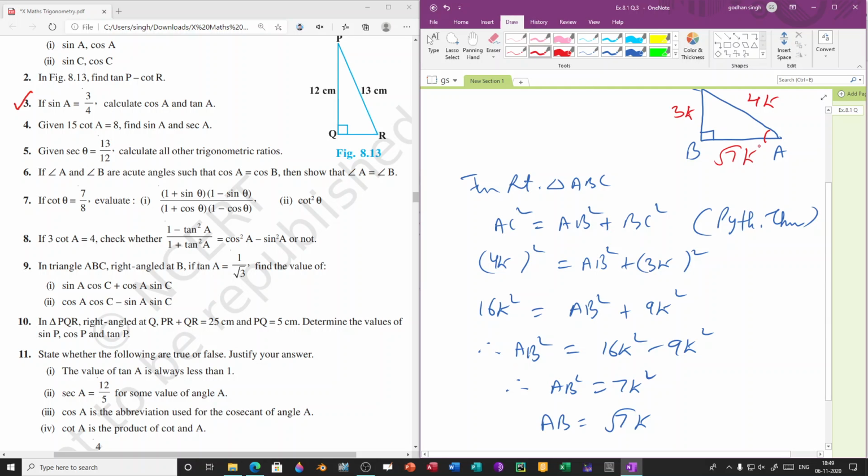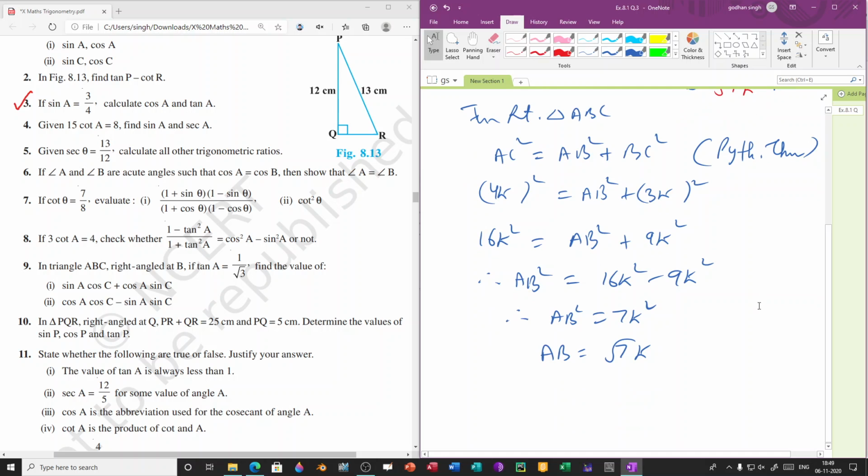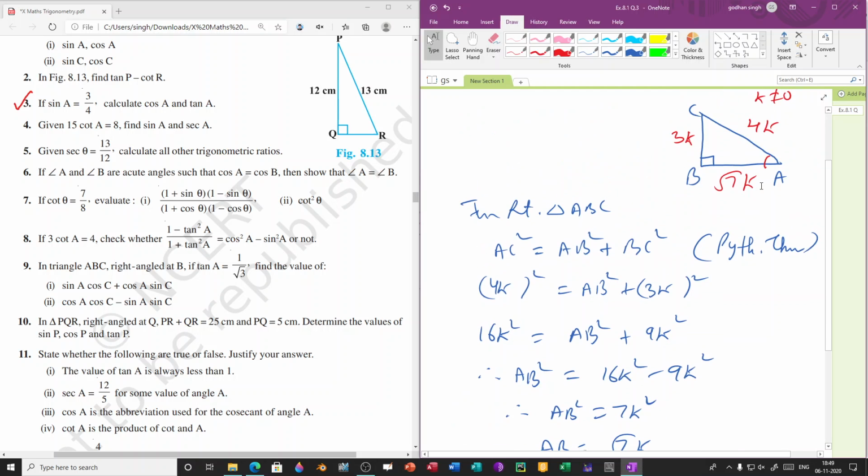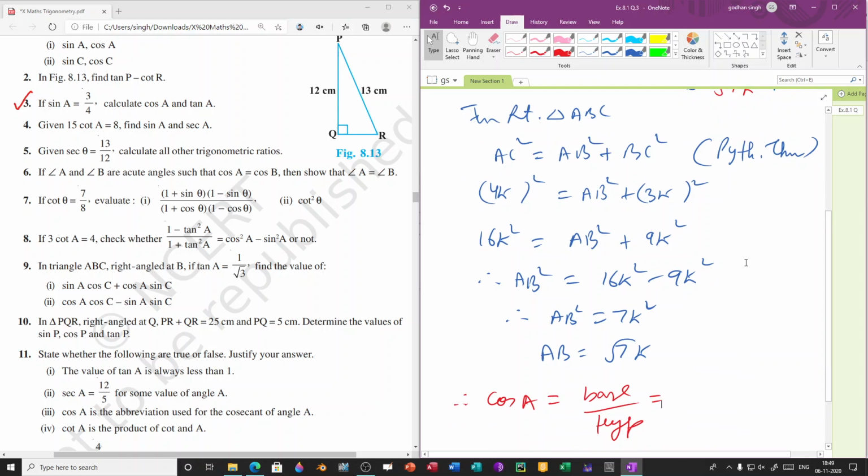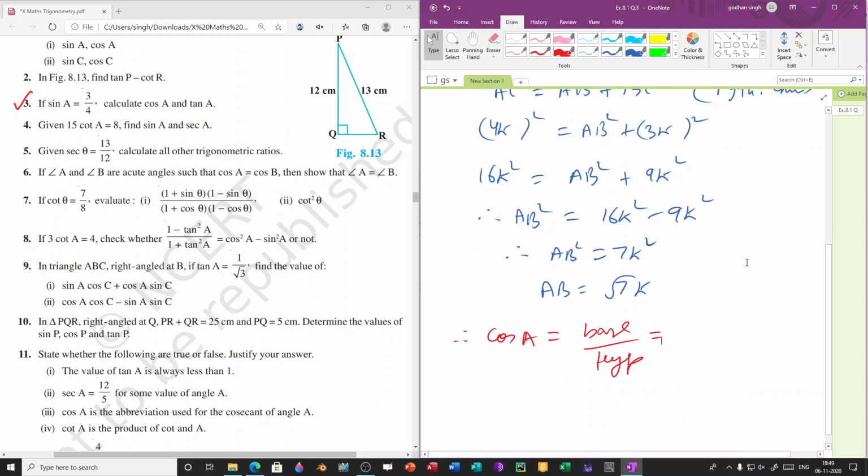Now it will be very simple for us to find our question solution. What we have to do is find the value of cos A and tan A. So cos A, what is cos A? Cos is defined as base over hypotenuse. So base will be AB and hypotenuse AC. AB by AC.